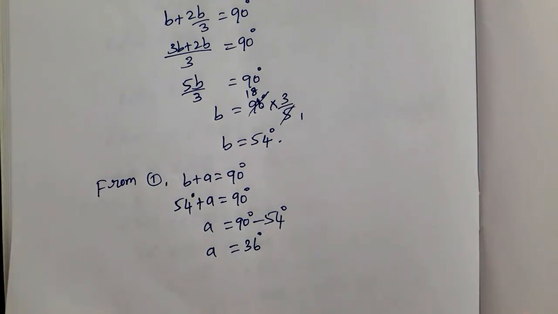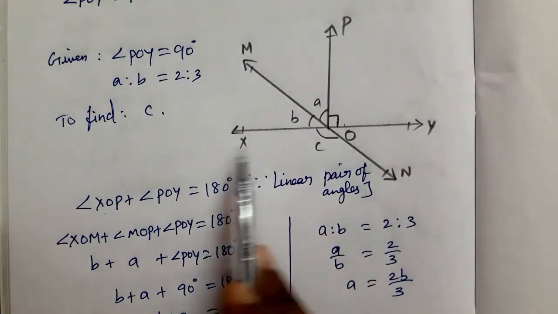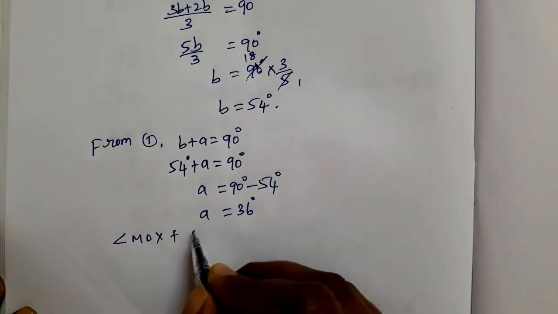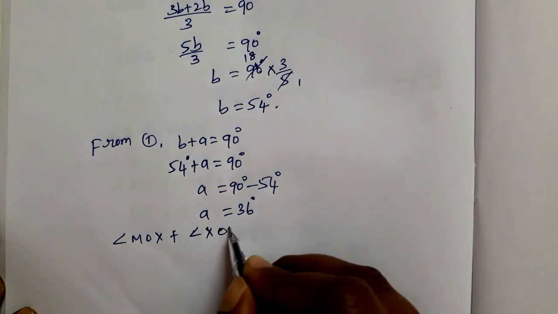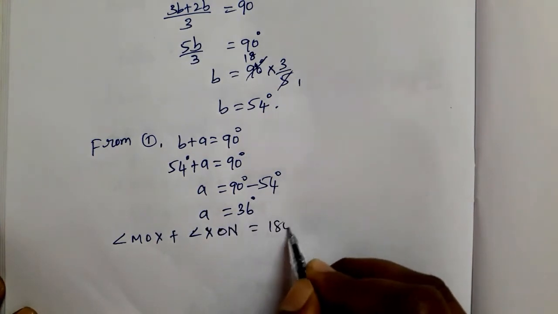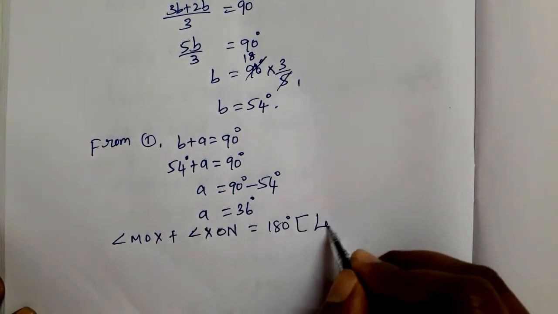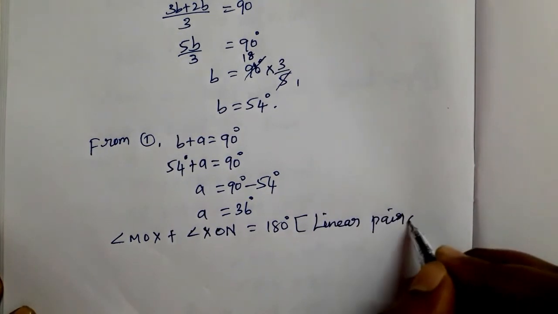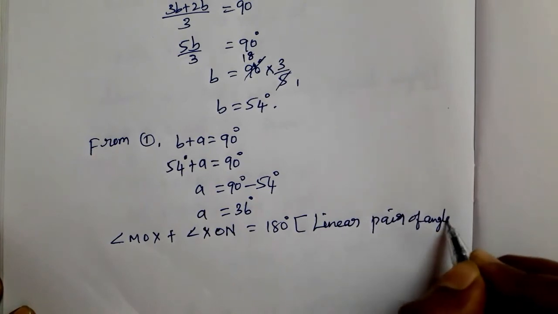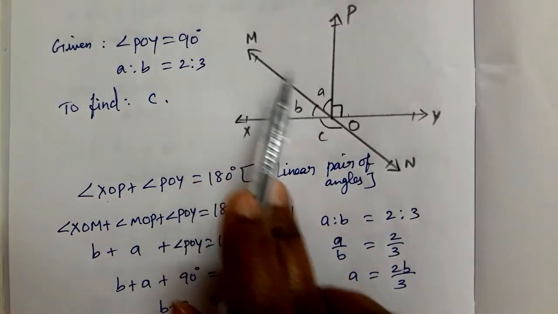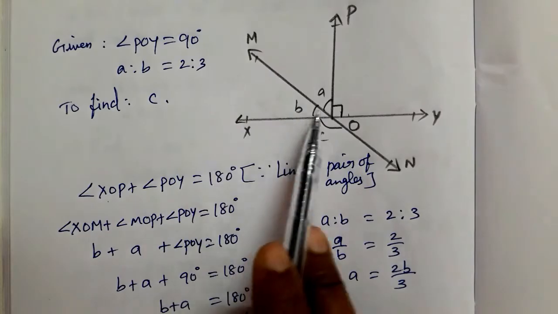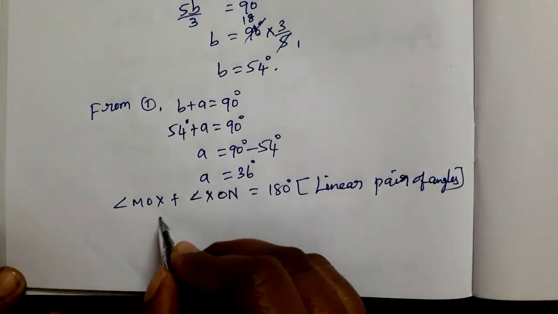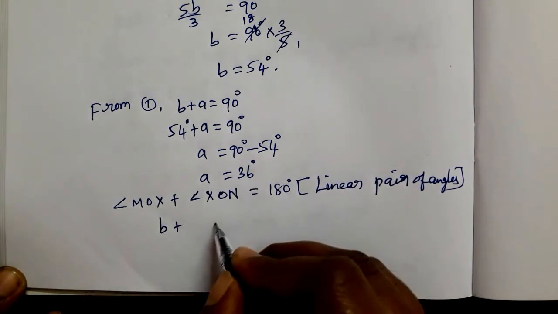Next we need to find c value. Now this OX standing on the line MN. So angle MOX plus angle XON equal to 180 degree because linear pair of angles. Here angle MOX is b and angle XON is c.